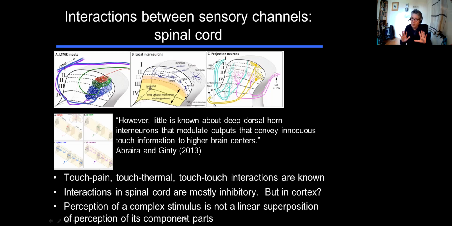It's not that all of the receptors just project independently to the brain, which makes a linear sum, because there are interactions in the spinal cord. And this is an area which is not really well understood and quite hard to study, but probably really important.